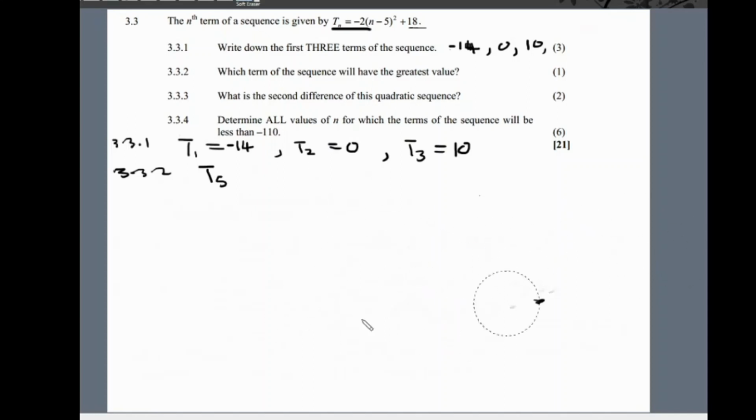Then 3.3.3, but what is the second difference of this quadratic sequence? So to get the second difference, let us calculate term number 4.